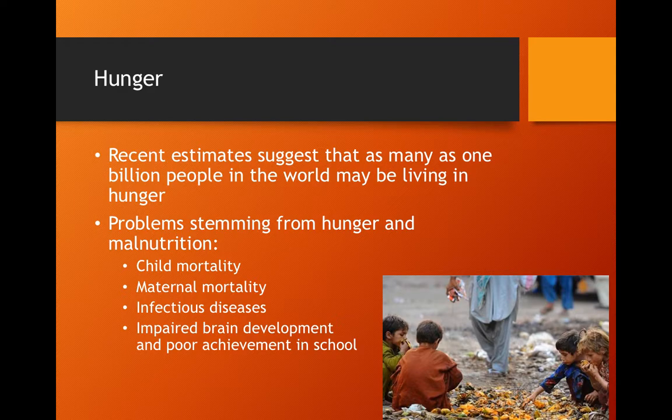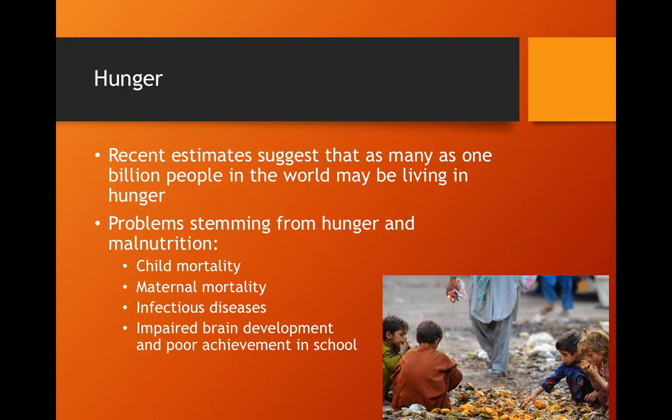And there are a number of problems that follow from being hungry and malnourished that we've already talked about. But just to review, things like child mortality, maternal mortality, or susceptibility to infectious diseases. That's something that you all read about, right? The malnutrition depresses your immune system and makes you more prone to infectious diseases.